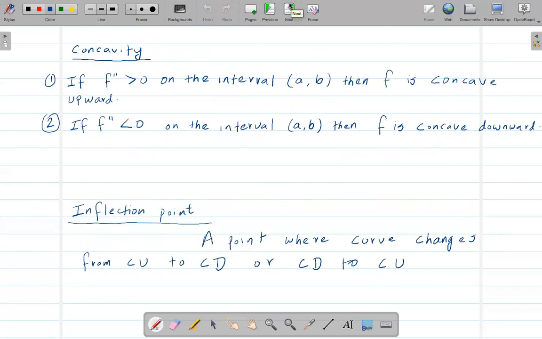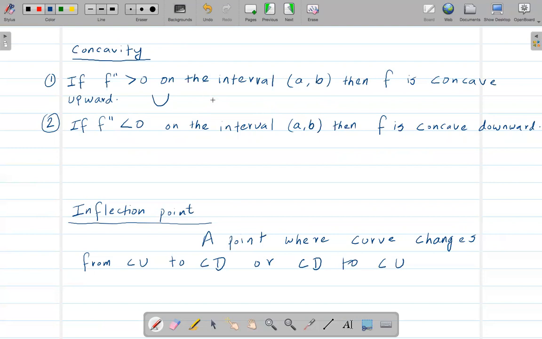Next one is concavity. Here we need to use f double prime, so you need to take the derivative twice. If f double prime is greater than 0 on a certain interval, then we can say f is concave up, which means something like this.